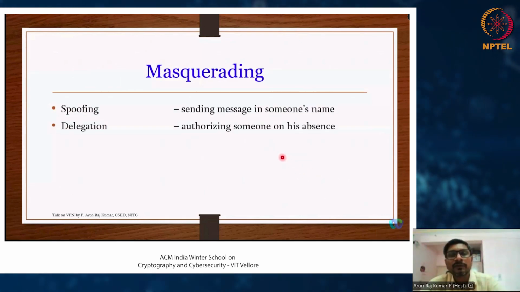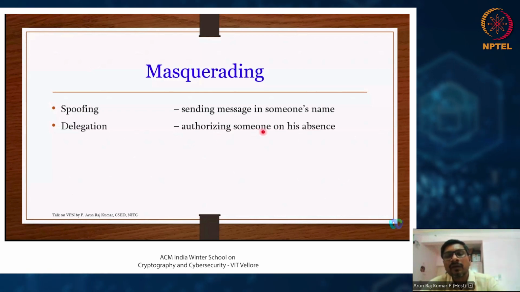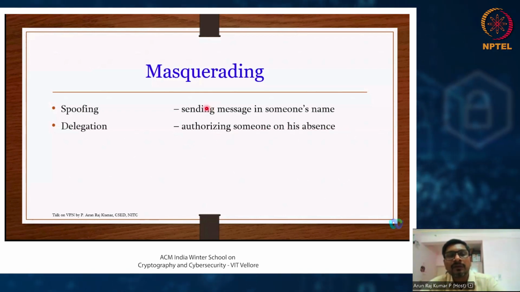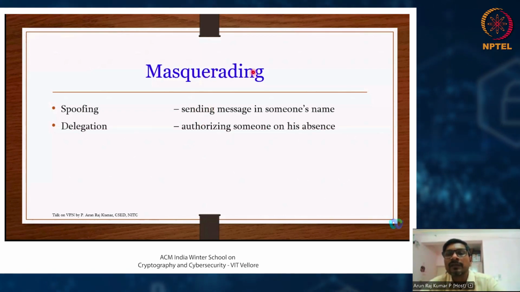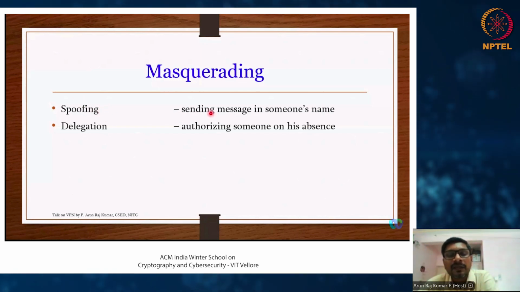There are also two forms of masquerading. Spoofing is sending a message in someone's name, and delegation is authorizing someone in your absence. Both are two different forms of masquerading. For example, if a teacher is taking attendance and calls out Raman's or Rajesh's name, but the person is absent and somebody gives a proxy, we call that spoofing, sending a message in someone's name.